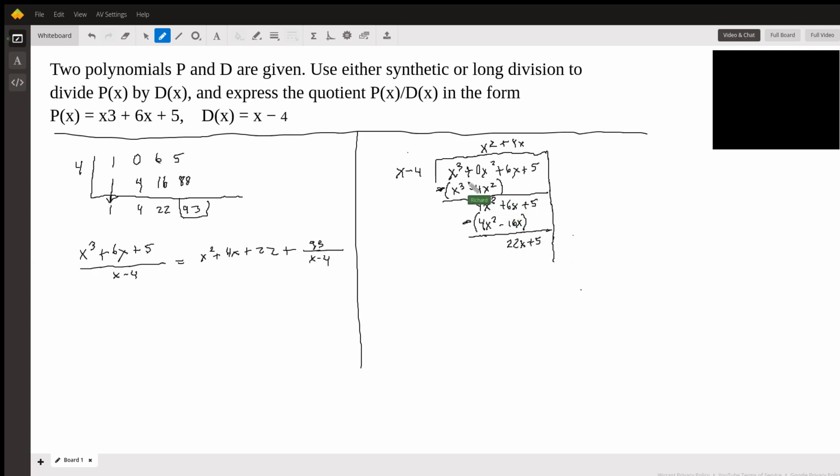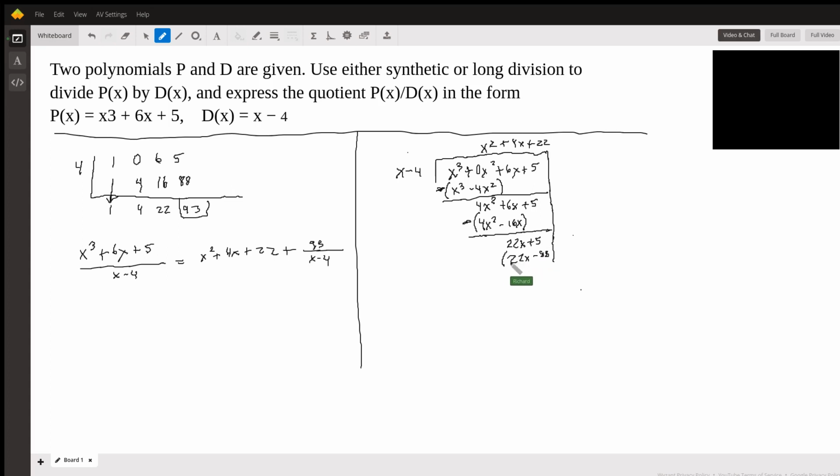Okay, then once more, we want something up top to distribute through the x minus 4, and that's 22. So 22 times x is 22x. 22 times negative 4 is negative 88.